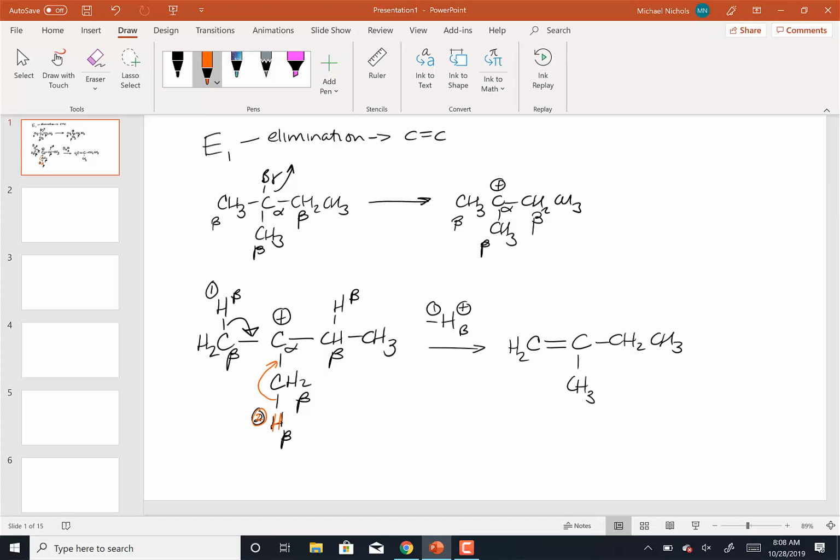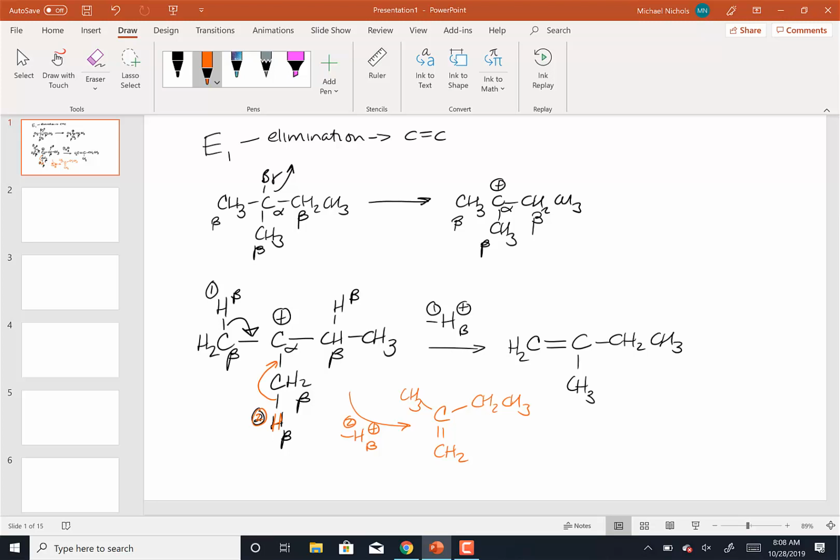And so that product is going to have a C double bond CH2, over here CH3, over here the CH2CH3. So this would be my product if I lost beta hydrogen 2 plus. So I'm going to lose that H plus, and I'm going to get that product.